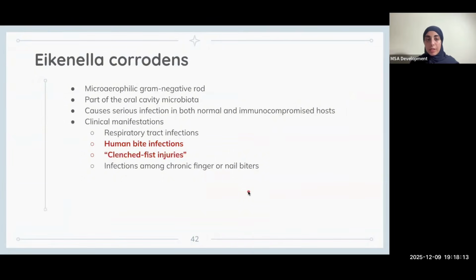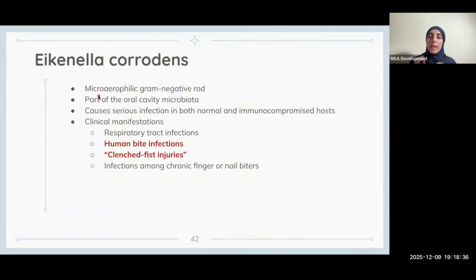And the last organism that we're going to talk about in this section is Eikenella corrodens. And we said that this is implicated in which infection, which osteomyelitis? In someone who's a fist fighter, because we said that it's part of the oral cavity microbiota. This is a microaerophilic gram-negative rod.